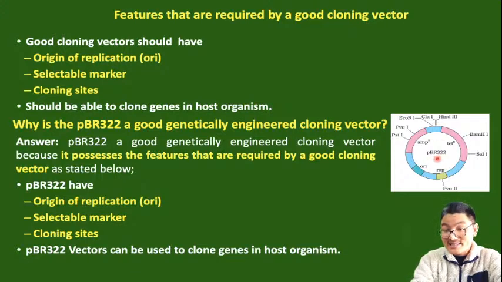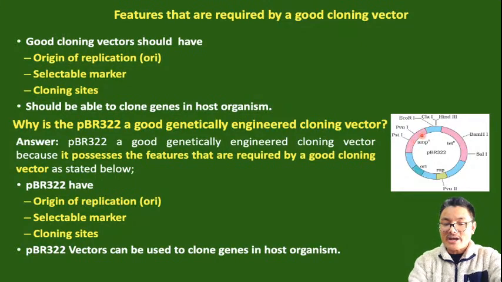This pBR322 has the ori site, the ROP site, many restriction recognition sites, and two selectable markers, the ampicillin resistance gene and the tetracycline resistance gene, and these genes code for proteins that make the cell resistant to those antibiotics, ampicillin and tetracycline.